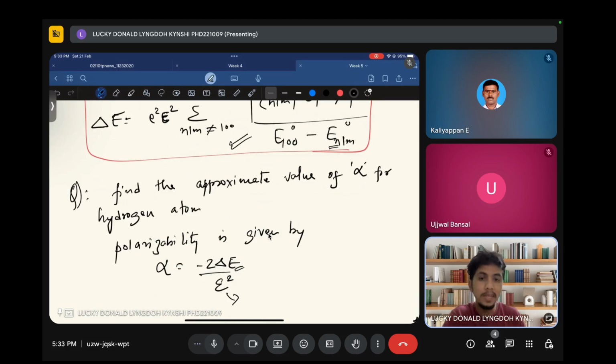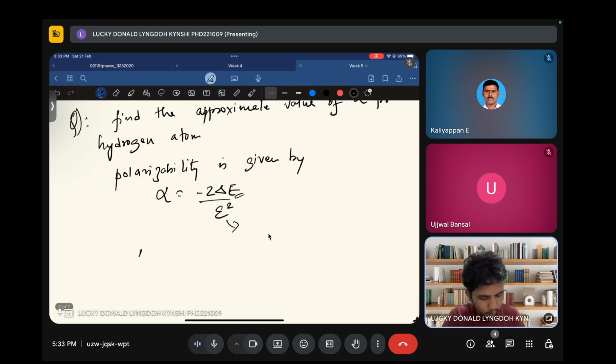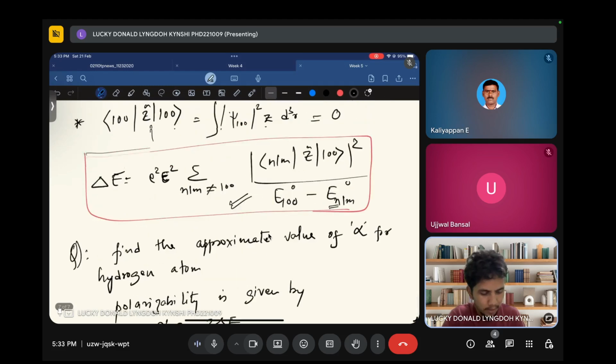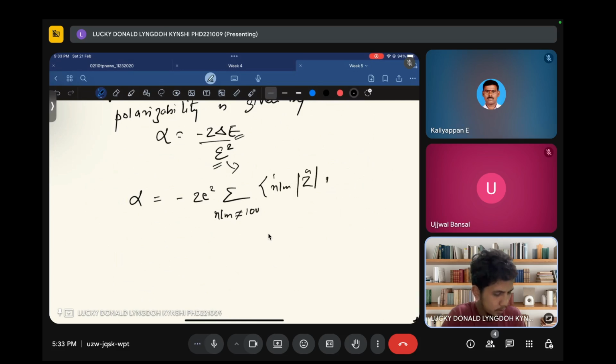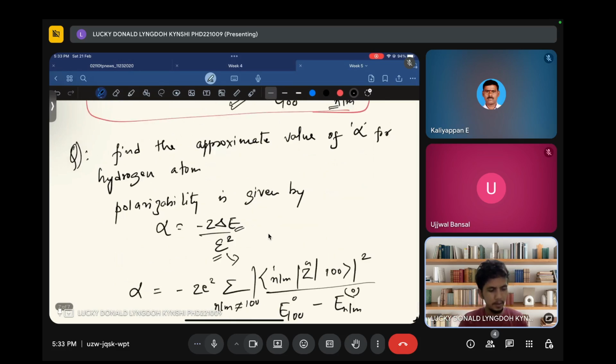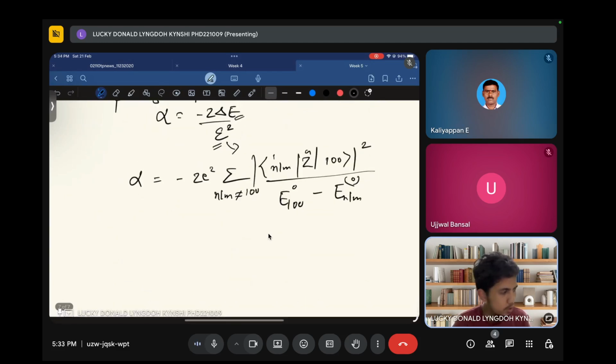So if you want to find alpha, it is equal to minus 2 E square, because the electric field square will get cancelled, times the summation over NLM not equal to 100 of the matrix element NLM z cap 100, square, divided by E100, the zero order correction term, minus E n L M. Now you just need to solve only this term and you will get the value of alpha.